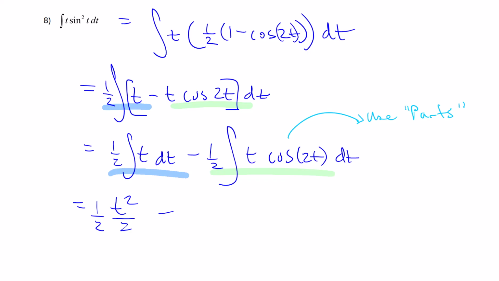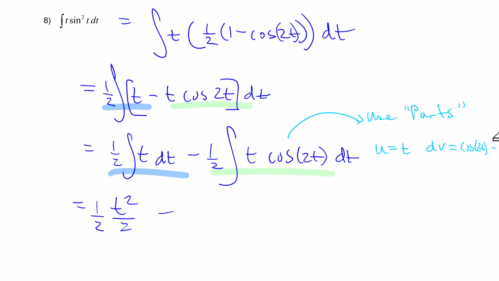To do that, we're going to have to identify all the key pieces, right? So you have u and dv. In this case, going back to what we've used for that, if you can review the integration by parts tips and strategies, it would make sense to let u equal t, and dv to be the rest, which would be, of course, cosine of 2t dt.